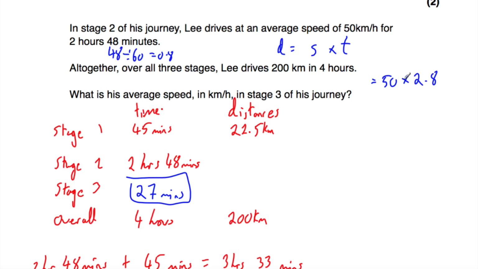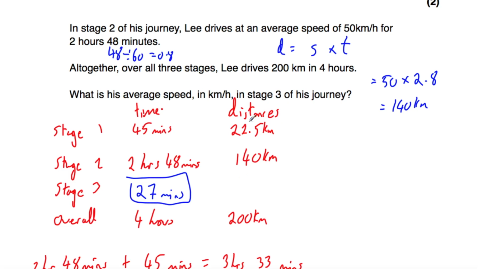So we're going to do 50 multiplied by 2.8, and that's equal to 140. So that means that Lee travelled the distance of 140 kilometers in stage 2. So that means that this missing distance here would be 140 kilometers. And now we can work out this stage 3 distance, the one that we're trying to find, because then we can work out the speed.